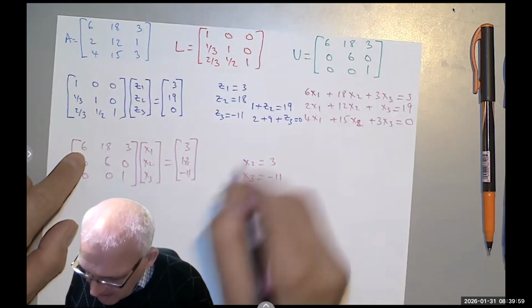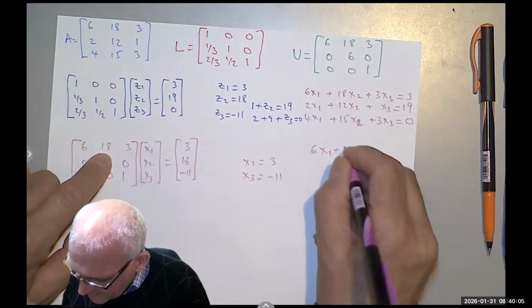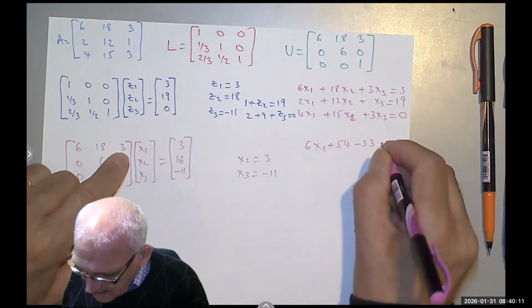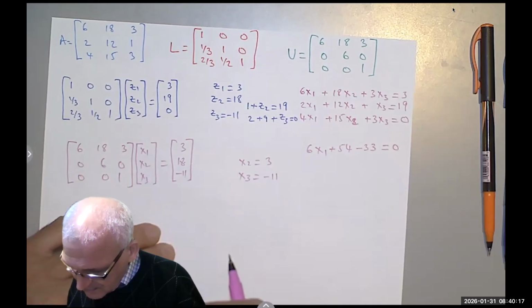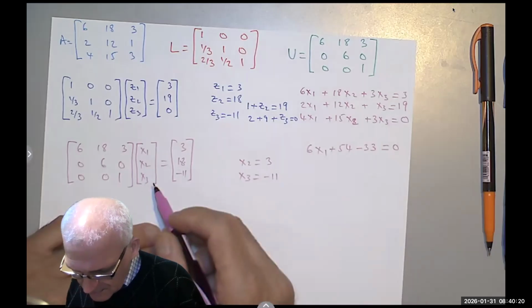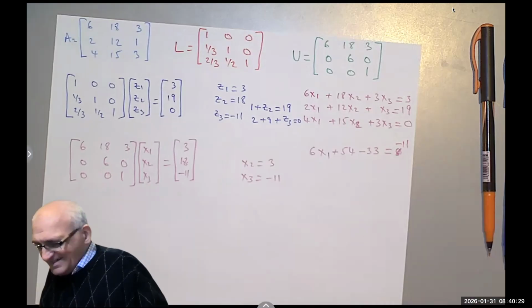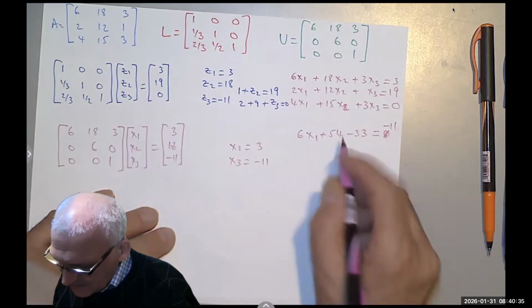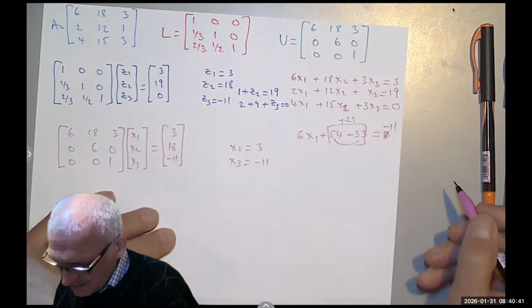In the first equation, 6x1 plus 18 times 3, which is 54, minus 3 times 11, meaning minus 33, equals... Why did I say equals 0? Wait a second, something is wrong.